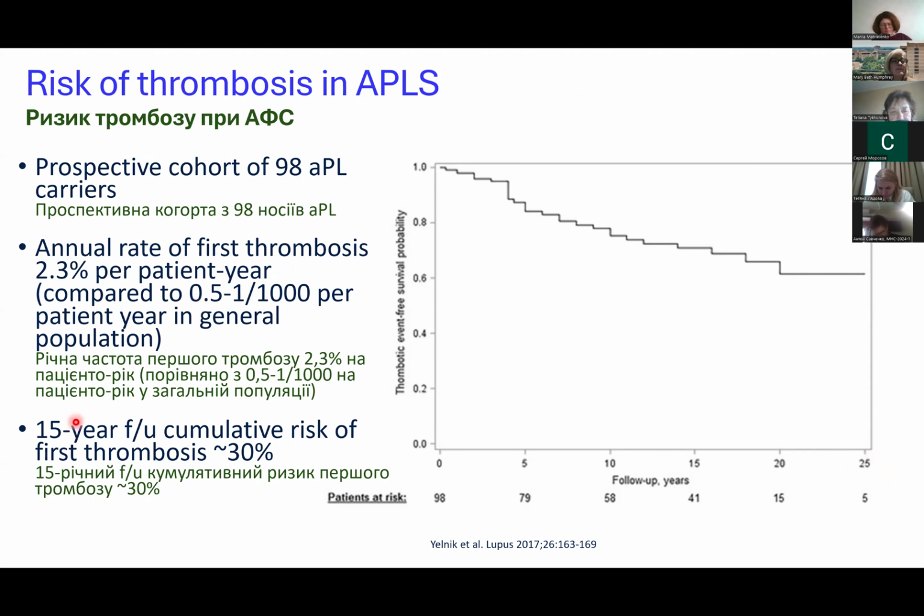And then by 15 years, the cumulative risk of the first thrombosis was around 30%. So the longer they have the disease, the more likely they are to have clotting. But it's not a real steep line for most patients. It's 2% per year.